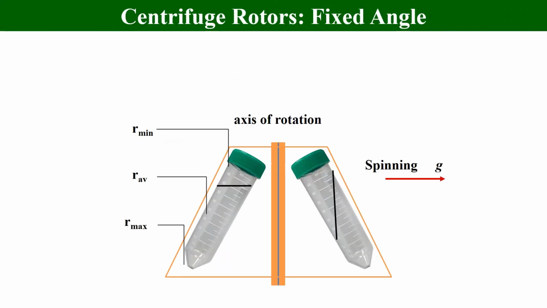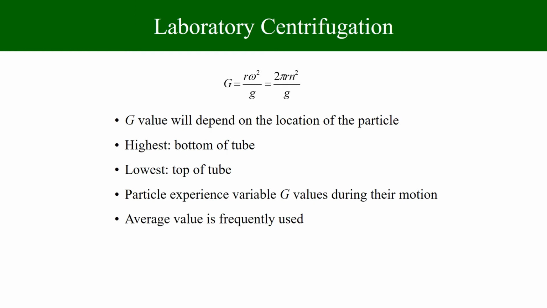This is the third type of rotor called the fixed angle. The angle can vary from 15 degrees to about 45 degrees. What is important for us to notice is the R minimum, R average and R maximum, which has an influence on sedimenting the particle. At the end of exposure to these three different types of rotors, what we need to understand is that the G value will depend on the location of the particle.